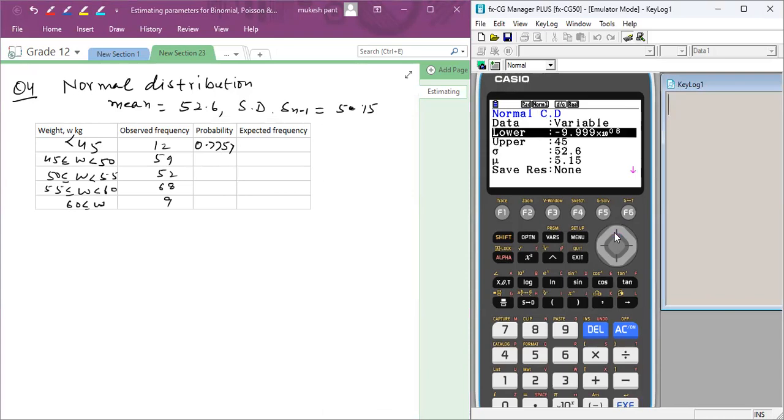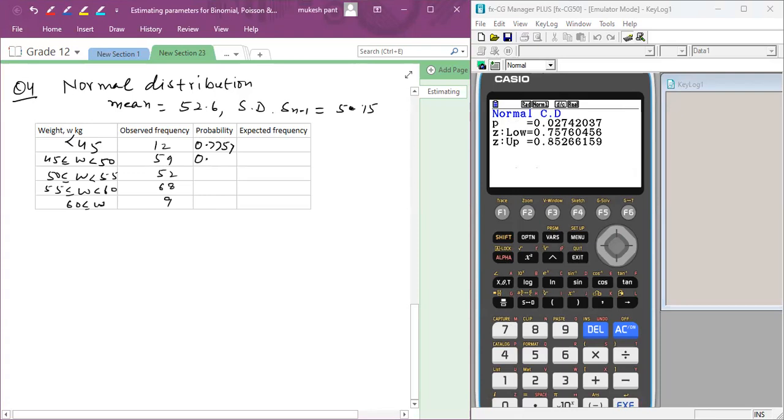Similarly, you find the probability for the others. For the second cell, the lower is 45 and the upper is 50, and it is going to be 0.0274.